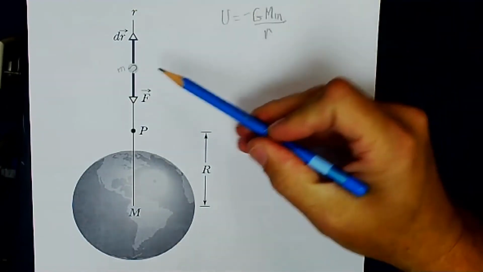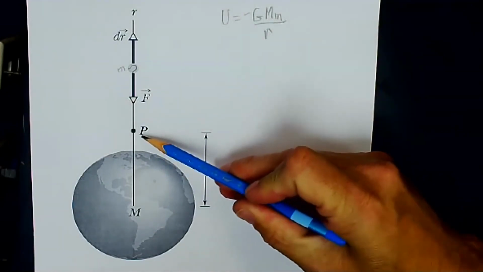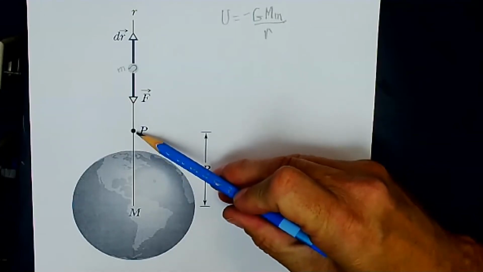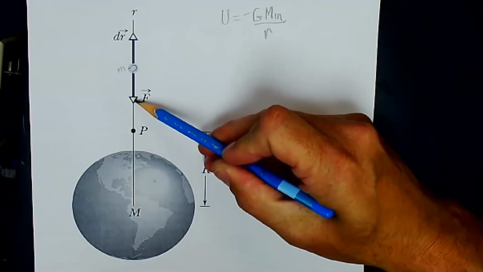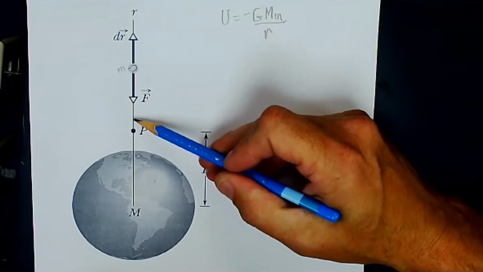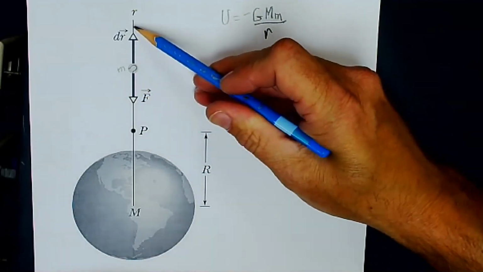Now let's take a baseball. Let's say we start at some height above the Earth's surface. We're holding it in our hand, perhaps, at point P, and we throw it straight up into the air. I know that as I throw it up into the air, its gravitational potential energy increases, and it starts to slow down, and its kinetic energy decreases.